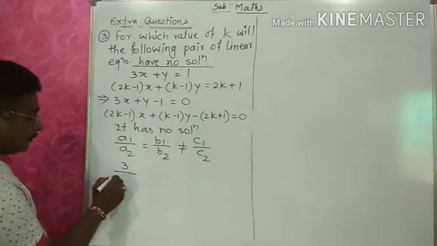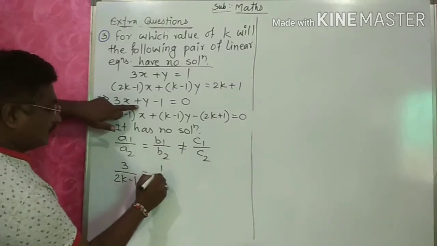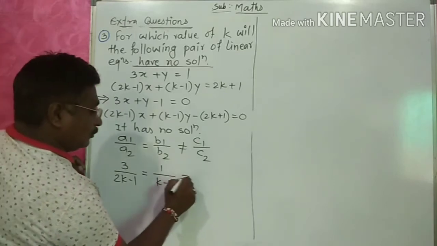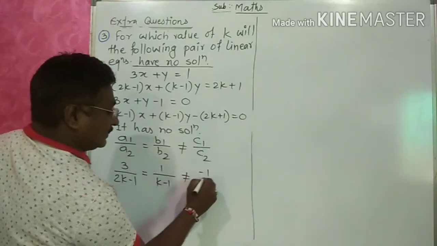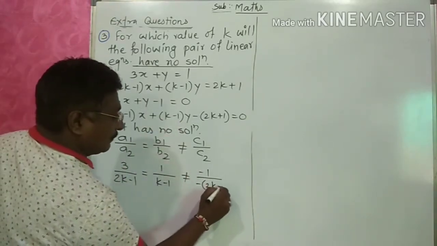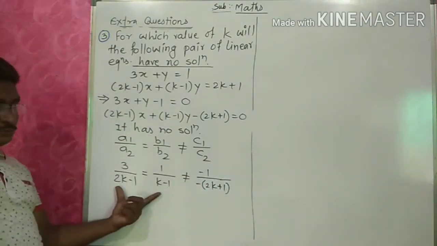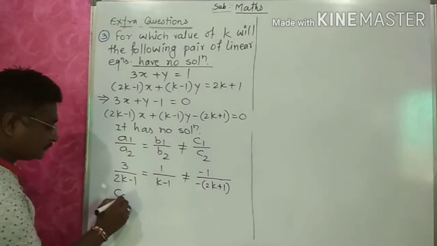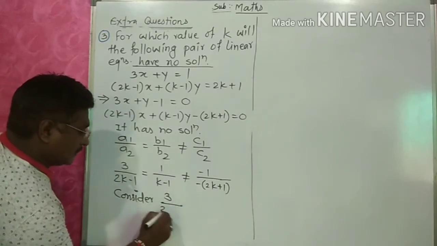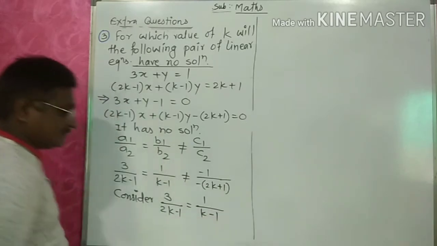3 by 2k minus 1 equals 1 by k minus 1, not equal to minus 1 by minus 2k plus 1. Now consider these two. 3 by 2k minus 1 equals 1 by k minus 1.